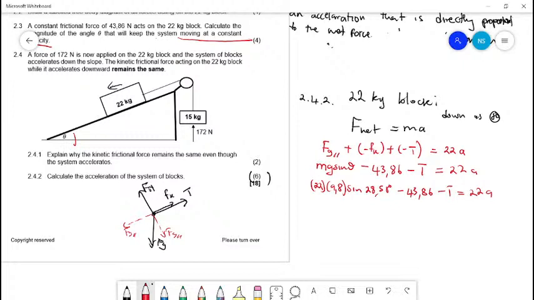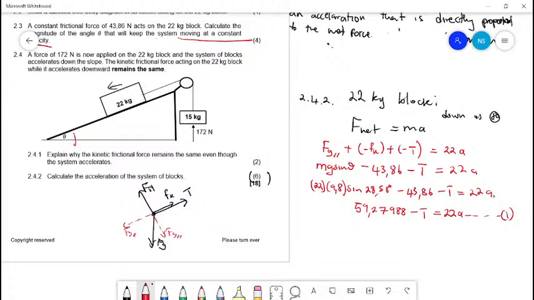If we simplify our equation, we'll end up getting 22 times 9.8 times sine 28.58 minus 43.86, and that will give us, I think, an answer of about 59.27988 minus T equals to 22A. That will be our equation 1, right?